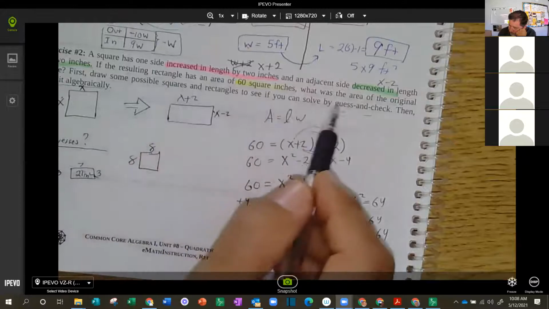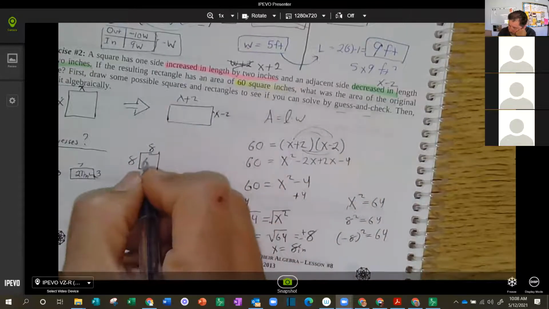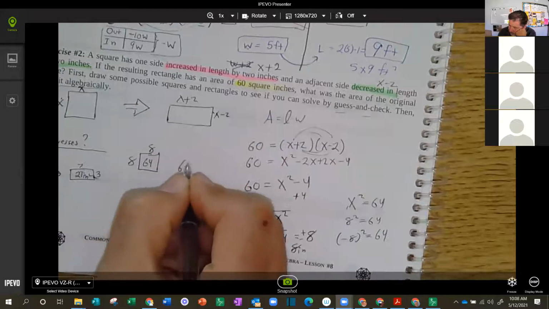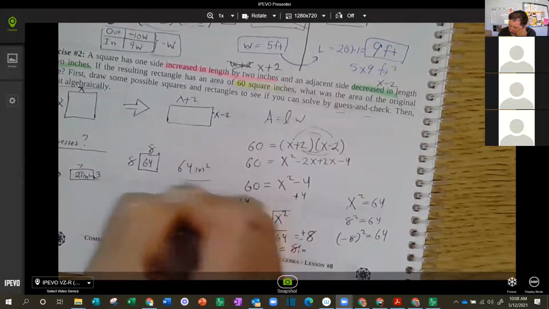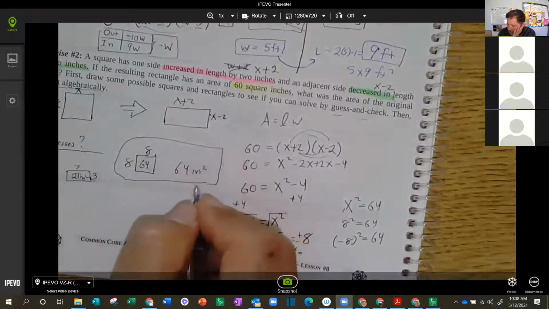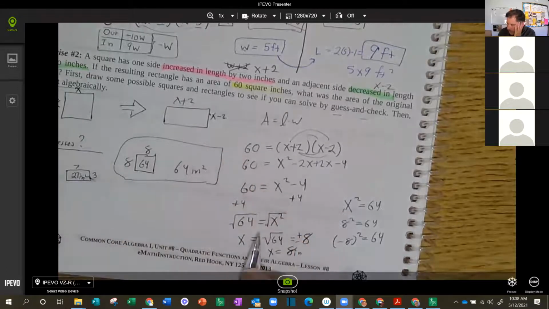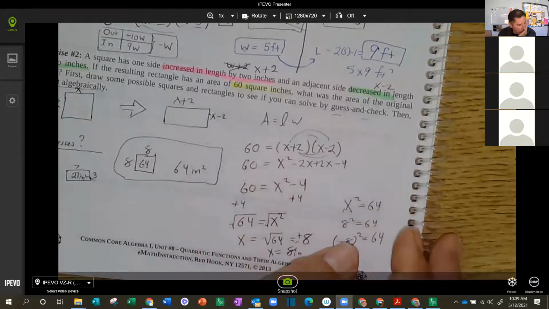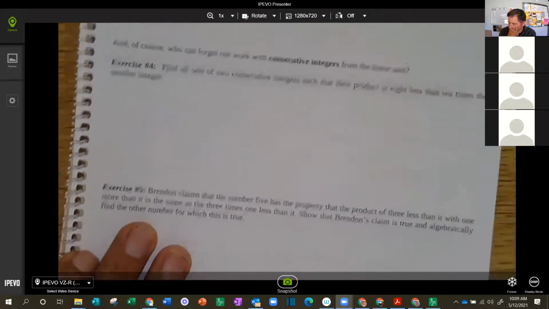If the resulting rectangle, what was the area of the original square? 64 inches squared. So this is my answer statement right here. I drew it and I listed the answer, 64 inches squared, and that's how I found it. Anyone have questions? Okay, we have 2 more.